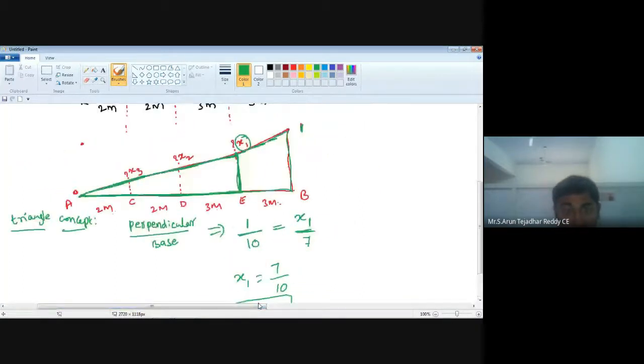Now find out the x2 value. Same concept by applying similar triangle.